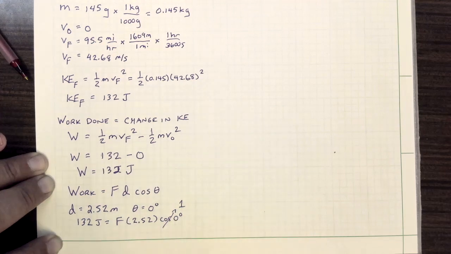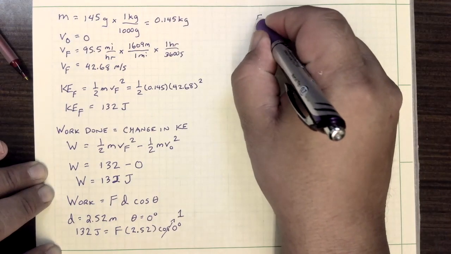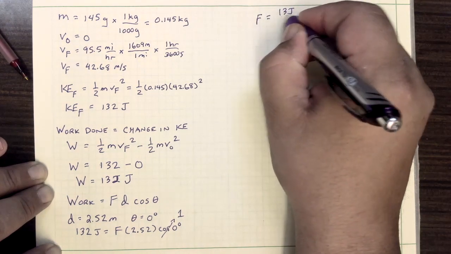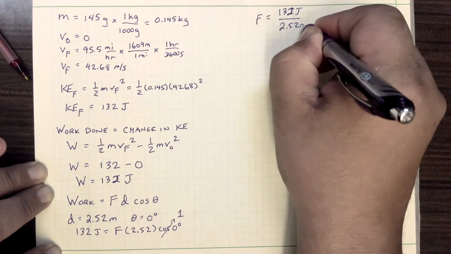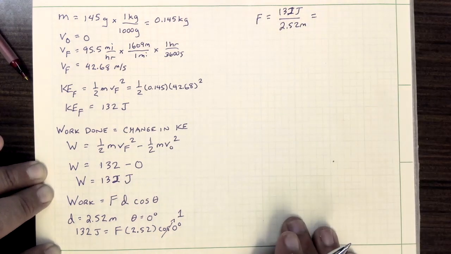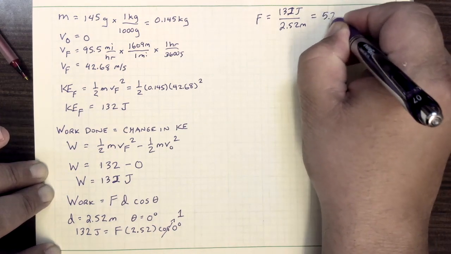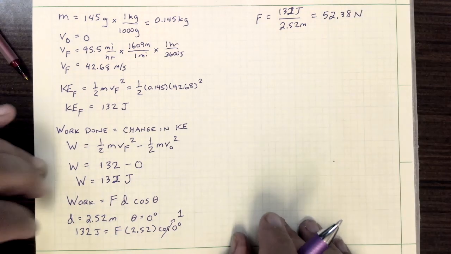And so that gives us that the force we apply to the ball is equal to 132 joules divided by 2.52 meters, which equals 52.38 newtons.